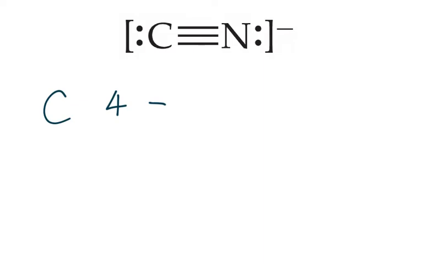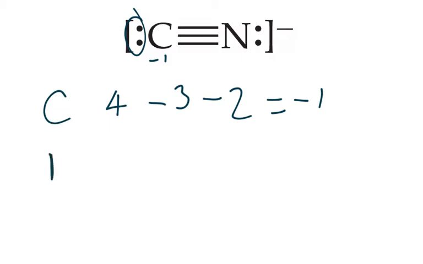There are 3 sticks between carbon and nitrogen, so 3 bonding. Then minus the non-bonding, which is the individual dots around the carbon. There are 2 of them. So 4 minus 3 is 1, and 1 minus 2 gives you a negative 1 charge on carbon.